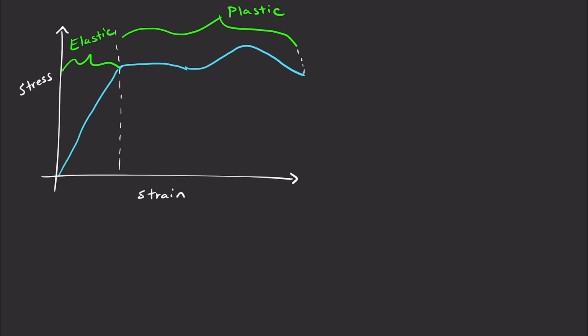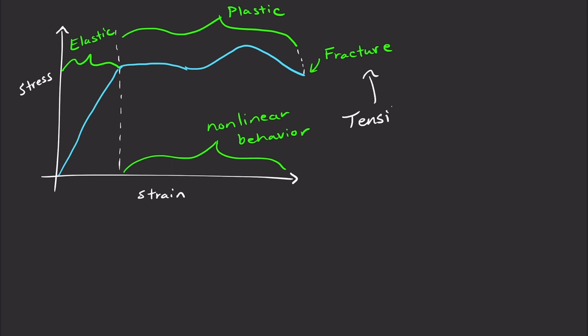And then past this, if you push it beyond this point, you have what's called a fracture point. This is when the object just breaks down. So this is the nonlinear region. When it's elastic, it's linear. When it's plastic, it behaves nonlinearly. The fracture point is determined by what's called the tensile strength, or may also be called the breaking stress, of a material.